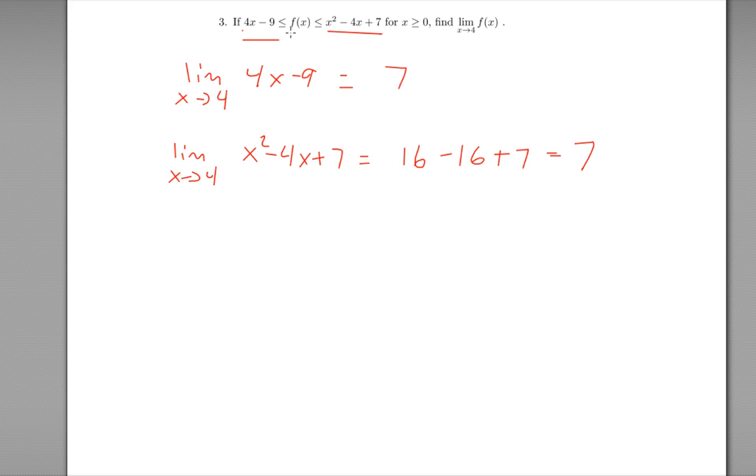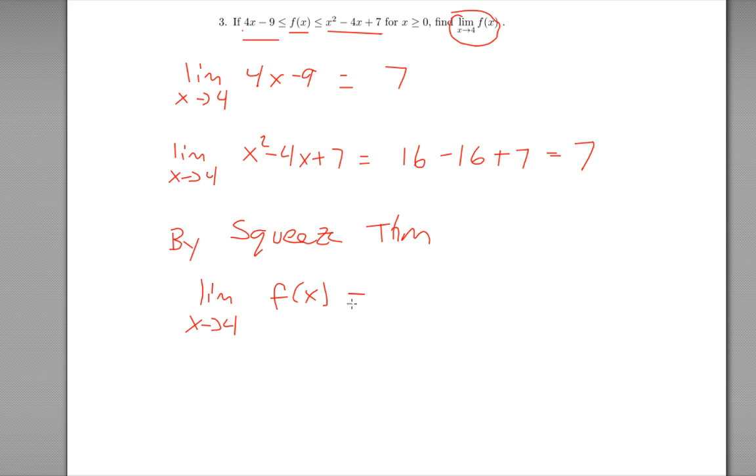So that must mean, by the squeeze theorem, the thing that we're actually after, the limit as x goes to 4 of f of x, must be squeezed between these two limits, 7 and 7. So therefore, this limit also must be 7.